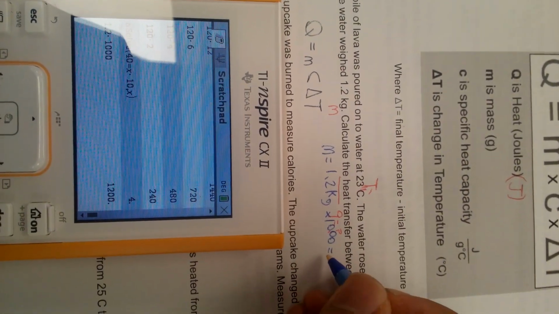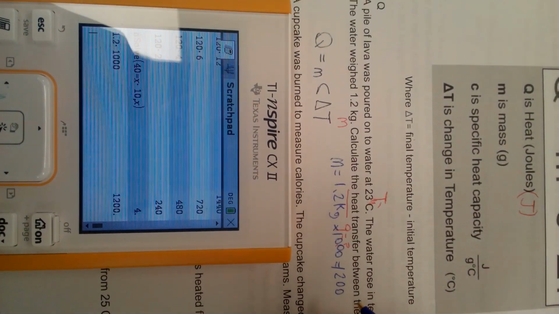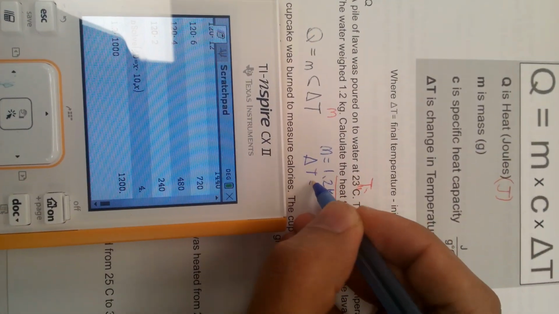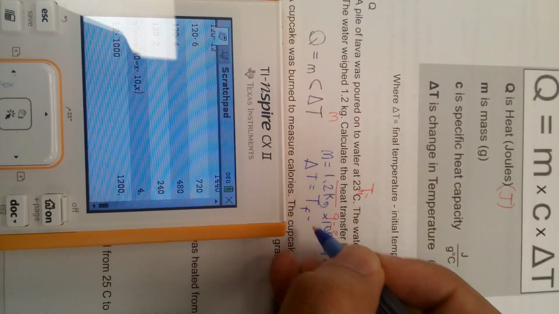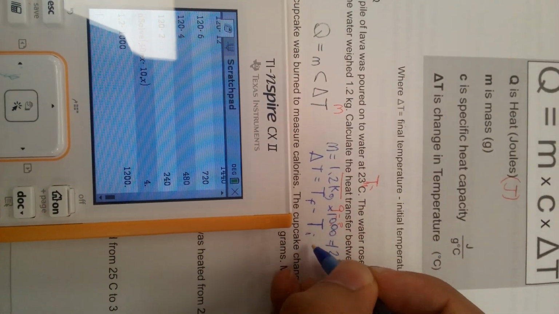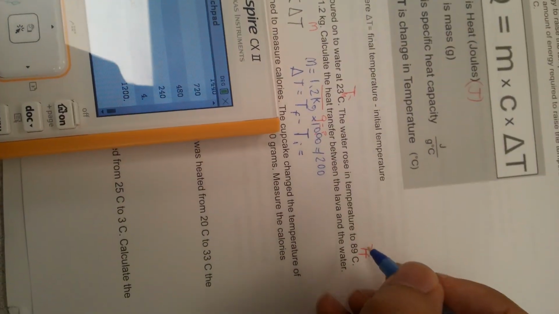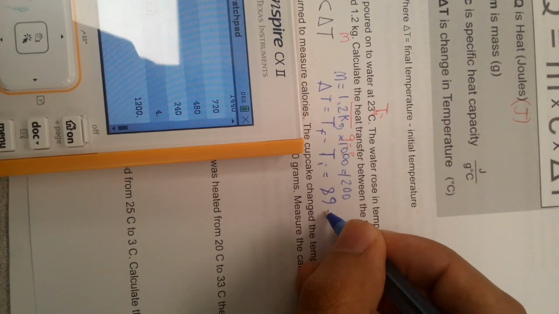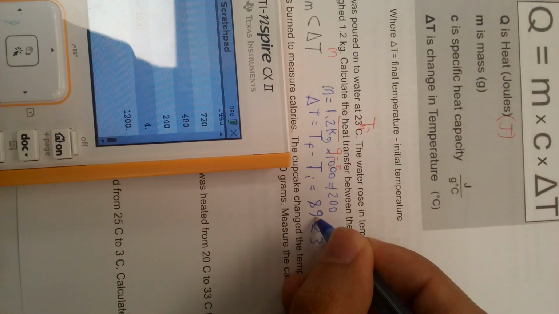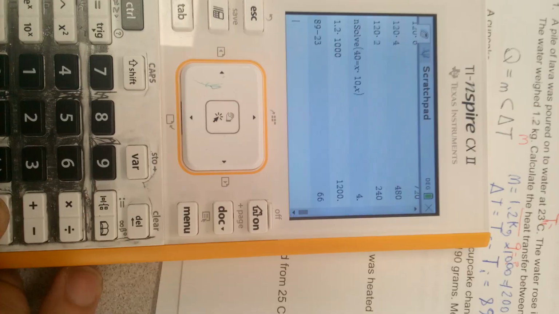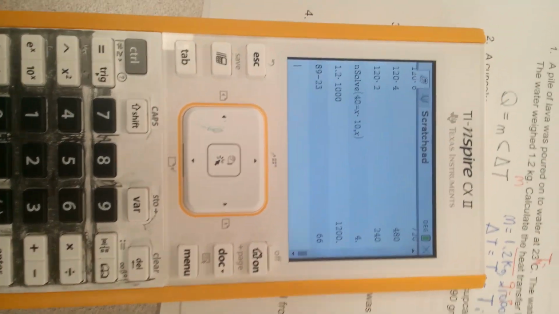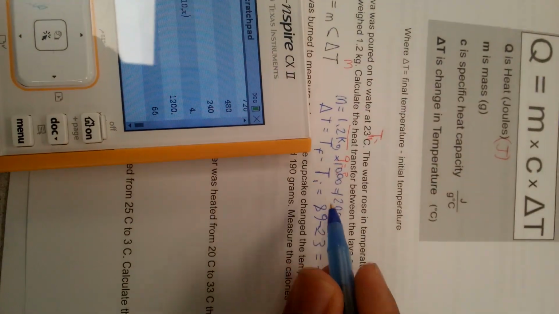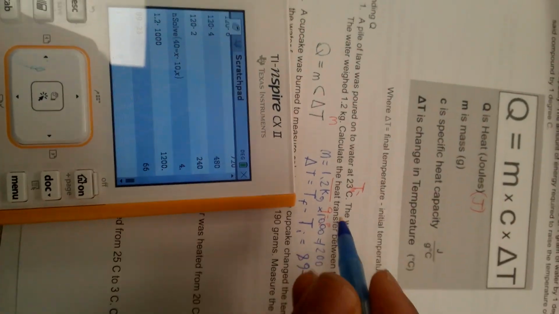And we get 1,200. The delta T is going to be equal to final temperature minus initial temperature. The final temperature was 89. The initial temperature was 23. So 89 minus 23 is 66. So delta T is 66.